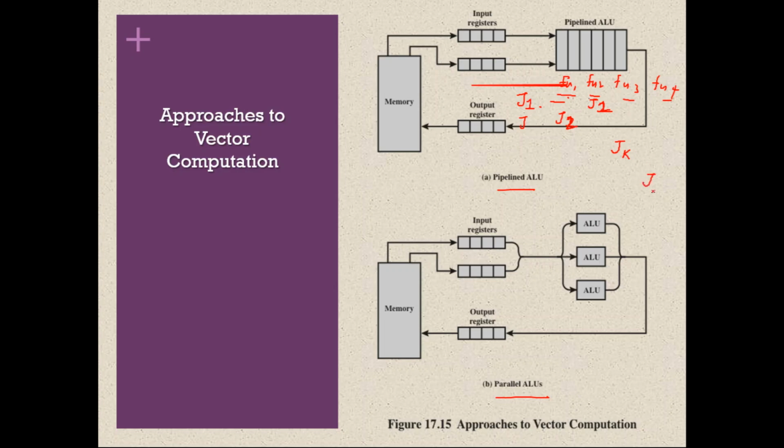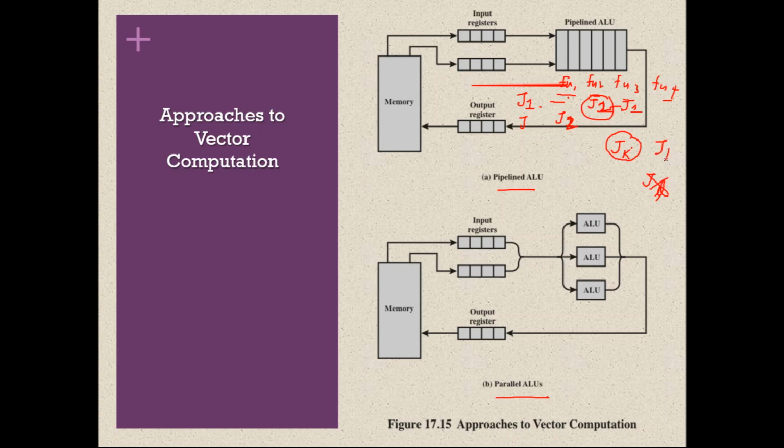Some other job L can use functional unit 4, because these are free, right? Similarly, when job K has finished using this functional unit, then job 1 can start using functional unit 1. If job L has completed all these tasks, it will be releasing functional unit 4.